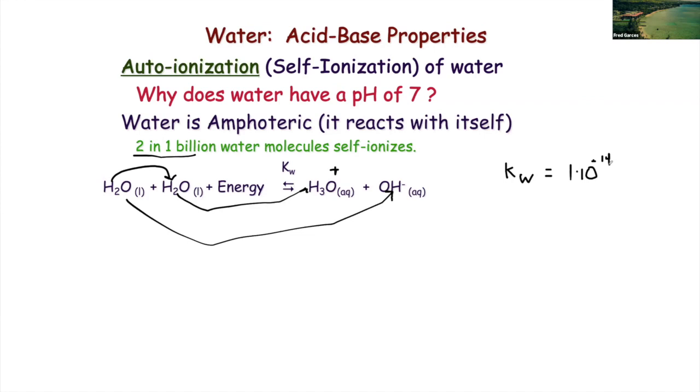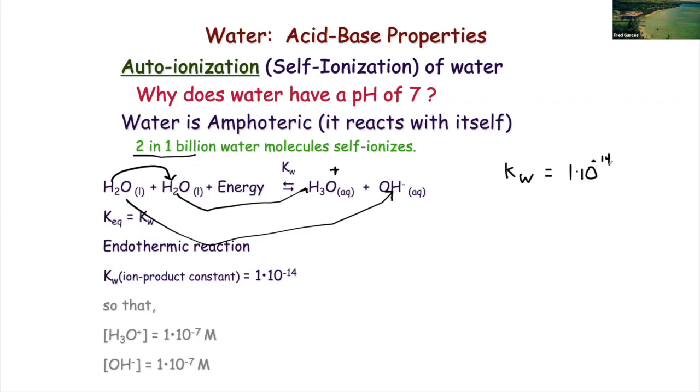And so even though it's not a very efficient process, only 2 in 1 billion, when you're talking about moles and moles and moles of chemicals, there is a sufficient amount that will be in that solution, that will be in water. So what we have here is that Kw is the equilibrium constant. Remember, the equilibrium value is the efficiency of that reaction, and this reaction is not very efficient.